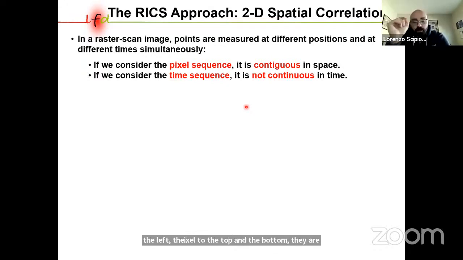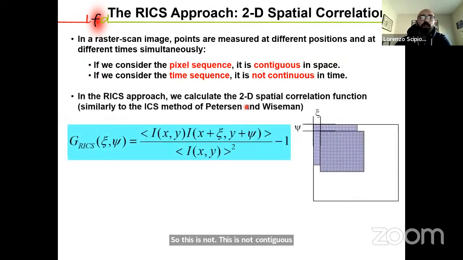But the time is not. The pixel to the left is collected at an earlier time, to the right is a later time, and the pixel at the top is a much earlier time because it's the previous line. So this is not contiguous as the space is, and you have to take account of this.